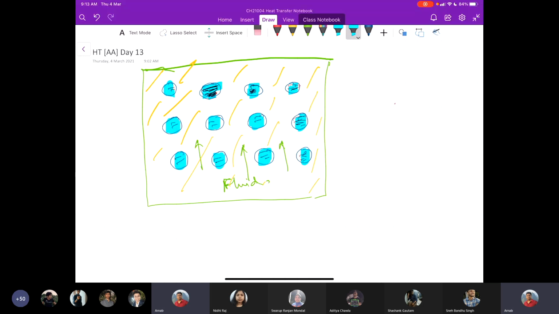Okay, if that is flown, external convective flow will happen, and then what it does, it actually exchanges the heat between the inner fluid and the outer fluid. This kind of arrangement we typically call a shell and tube heat exchanger.